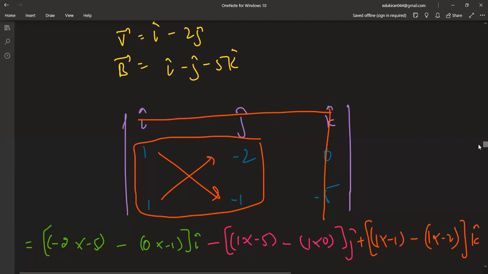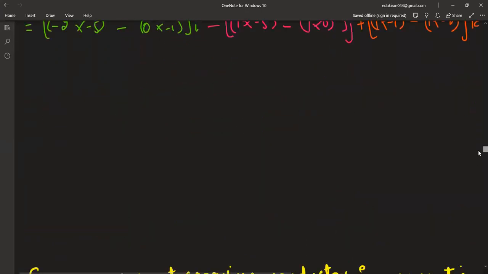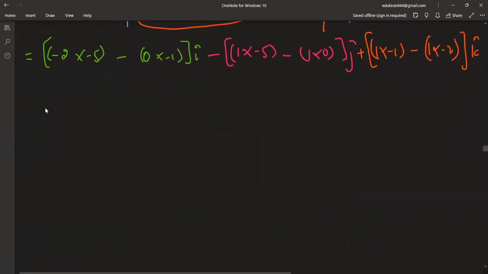That's it. Now you just have to solve this. This will be minus 2 into minus 5, this is 10, 10 I cap. This is 0. This is minus 5.